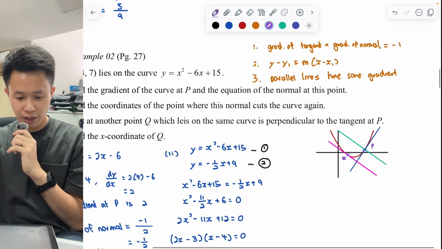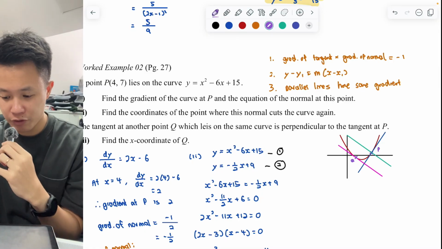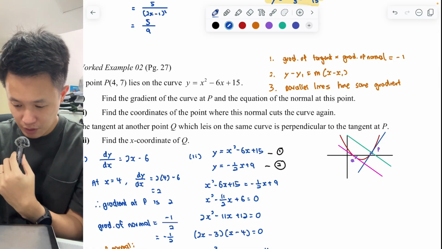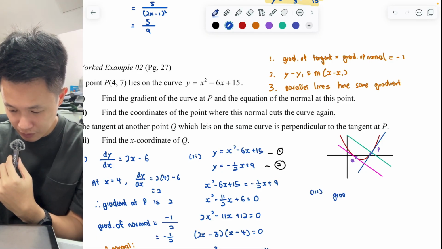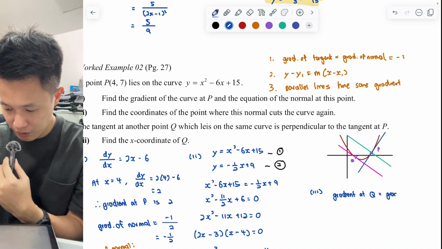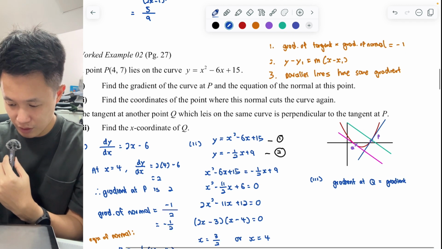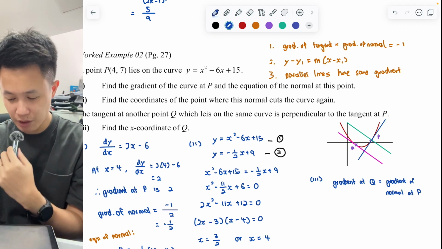So understanding that, for part 3, the gradient at Q equals the gradient of the normal at P, right?